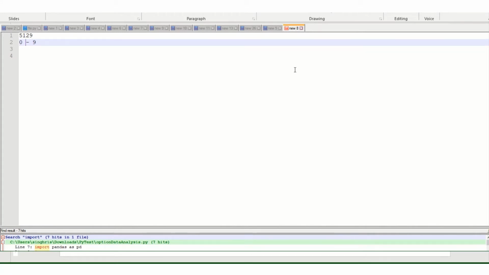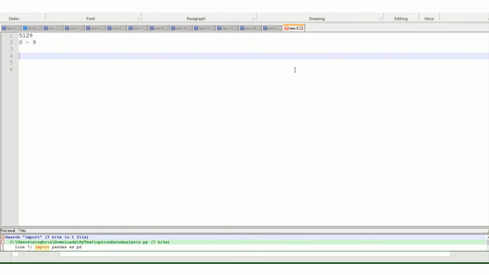No digit can be smaller than 0 or greater than 9, right? So that is the decimal number system. Similarly, in the binary number system, every digit will be either 0 or 1. That is, no digit of a binary number will be greater than 1.